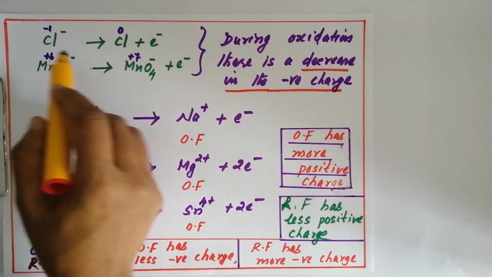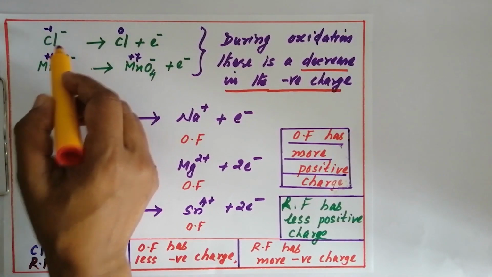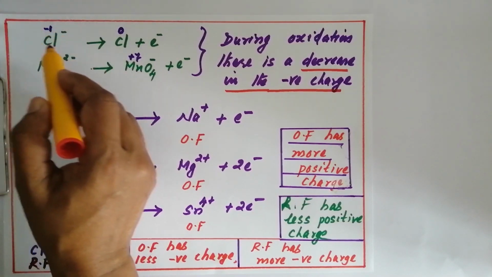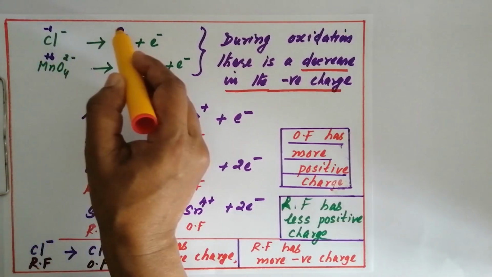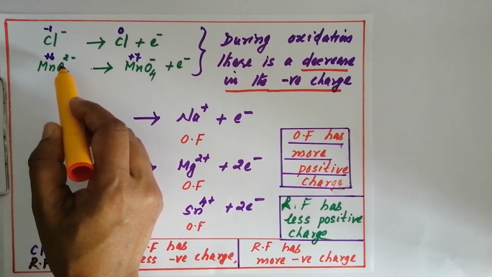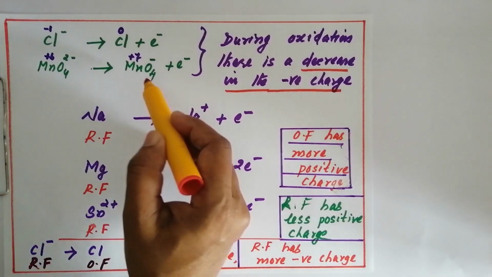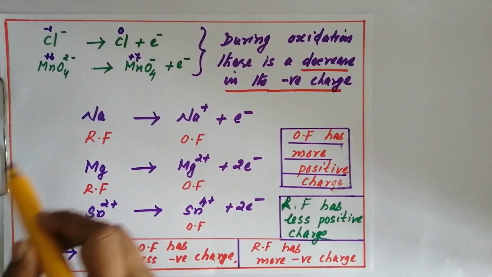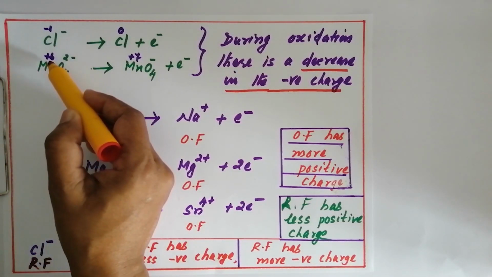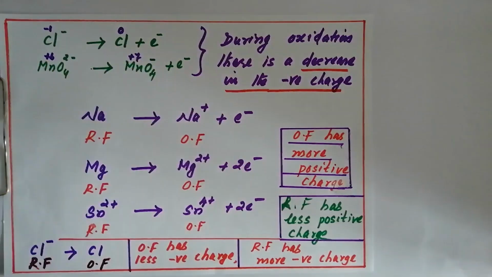Yet another example is the oxidation of Cl- to Cl. So here the oxidation state increases from -1 to 0. In the example, MnO4 2- oxidized to MnO4-. We can see that the oxidation state of manganese increases from +6 to +7.